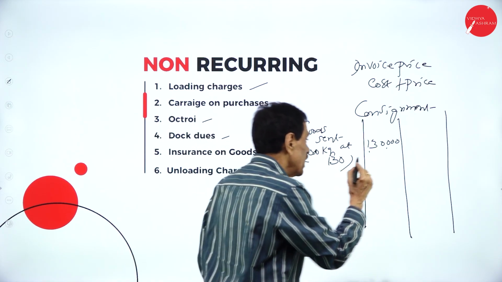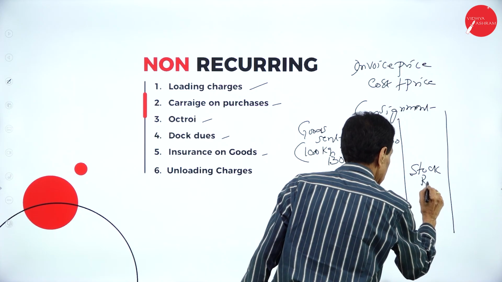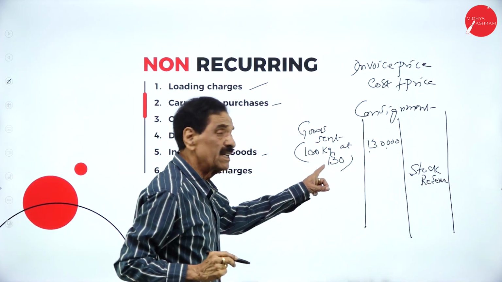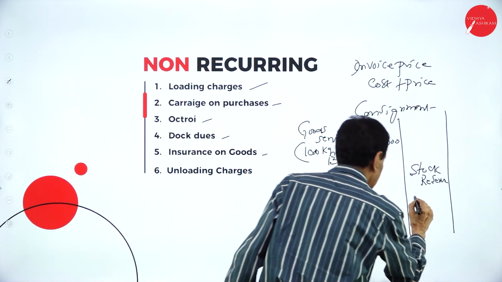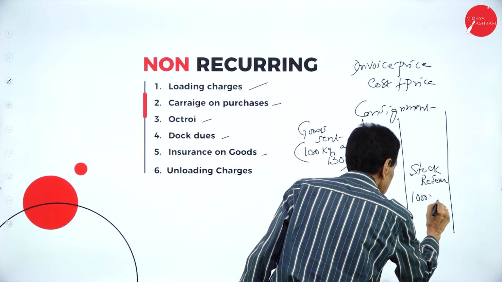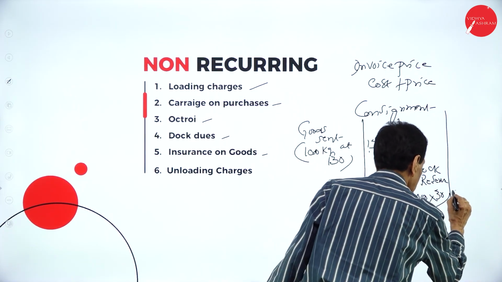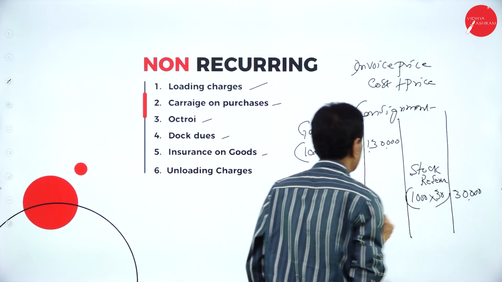Now, how much extra is there? 30. You have to write it as stock reserve. What's the quantity of goods sent? 1000. 1000 into 30 is 30,000.